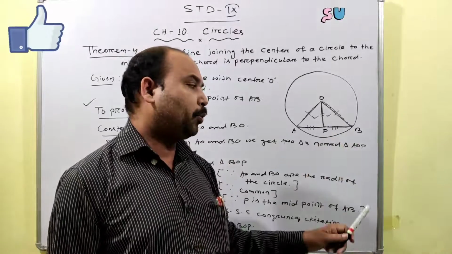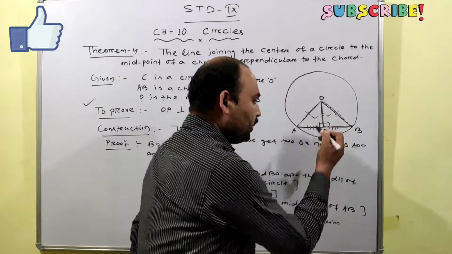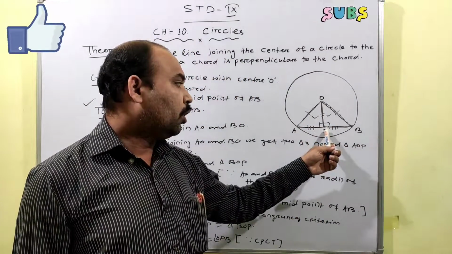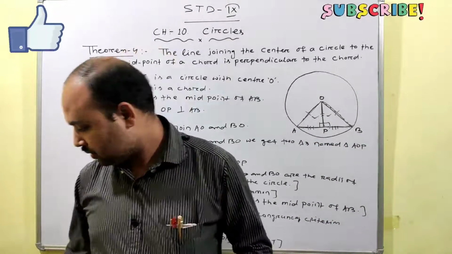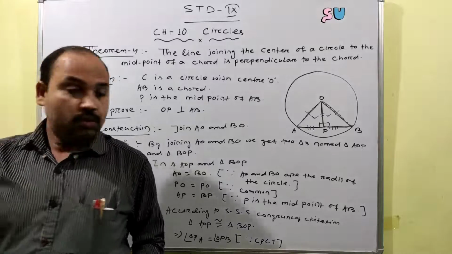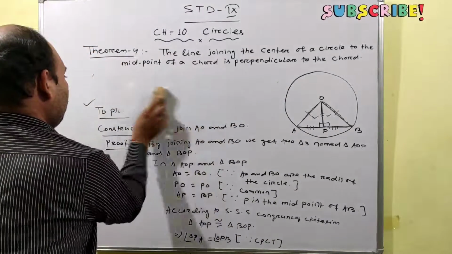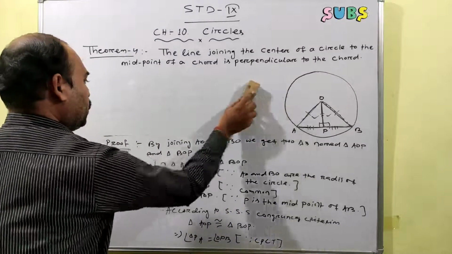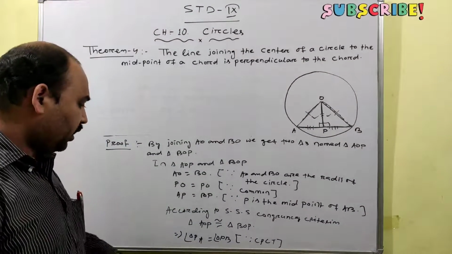It means if we prove that these two angles are 90 degrees, then we can prove that OP is perpendicular to AB. Clear? So now we have to prove that OP is perpendicular to your AB.